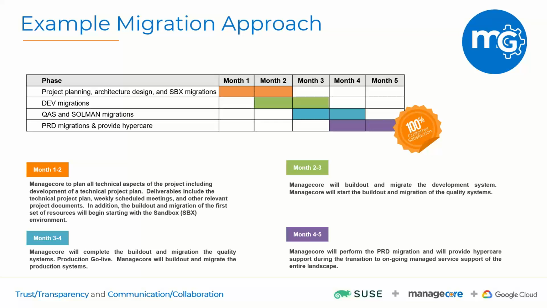We have it down. We've done this. It's a rinse and repeat, and we have successfully migrated clients in as little as 8 weeks and as long as roughly 16 weeks. So it really depends on your landscape, but really that initial phase is going to be key for you.